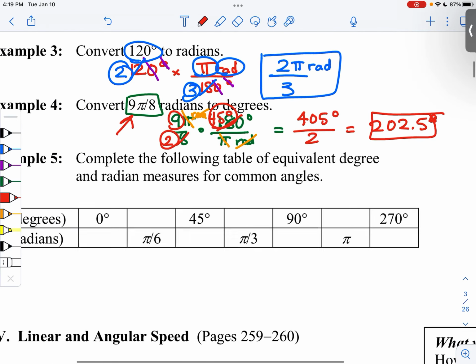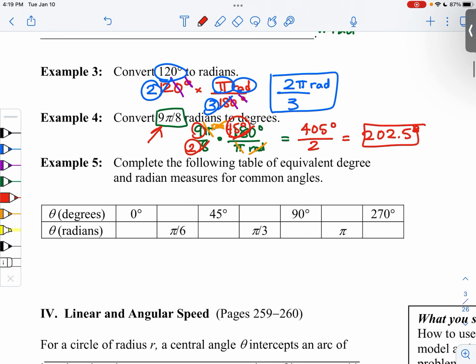So if I'm looking at a table of really common angles, I know 0 degrees is equivalent to 0 radians. Let's do the most common ones. I know 1 pi, we've been using this a lot, is 180 degrees. Half of that is pi over 2 or 90 degrees. Half of 90 is 45, so half of pi over 2 is pi over 4.